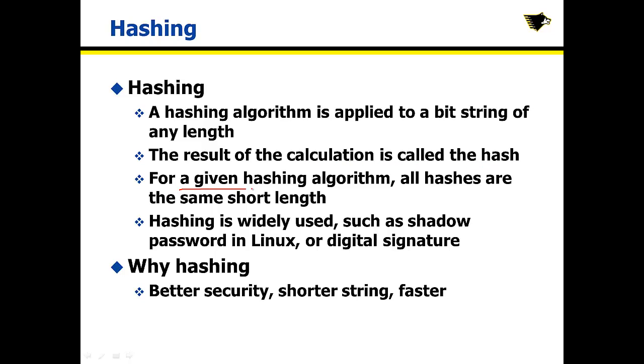For a given hash algorithm, all hashes are the same short length. In fact, hashes are widely used, such as shadow passwords in Linux or digital signatures. Why are hashes used so often? Because they provide better security, short strings, and are fast.